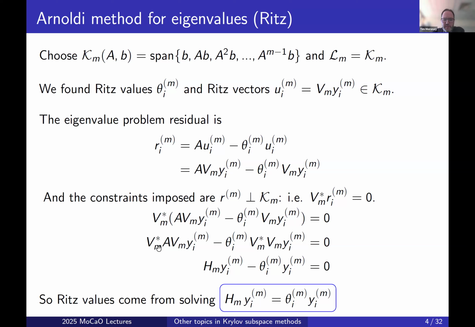So sure enough, we get our Vm star A Vm y here, and this Vm star is going to kill off this Vm to give you an I. So we get this projection that we know is H, projection of the matrix onto the Krylov subspace. And we've got the eigenvalue problem that we know and love. Okay, so the Ritz values come from solving this eigenvalue problem, which we now see is equivalent to this idea of a projection, where L equals K.